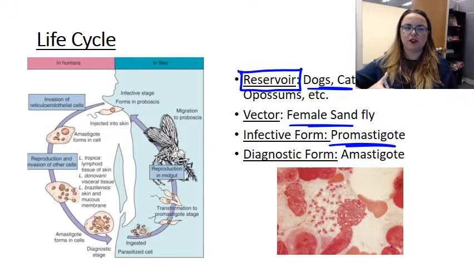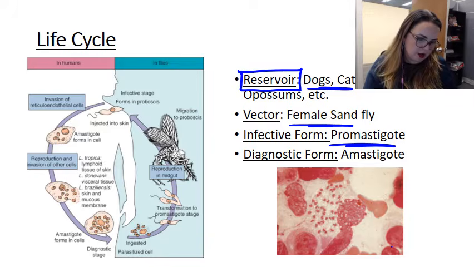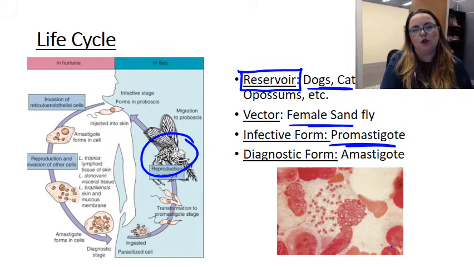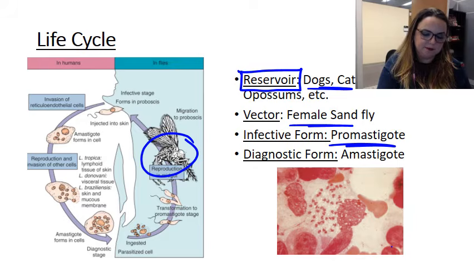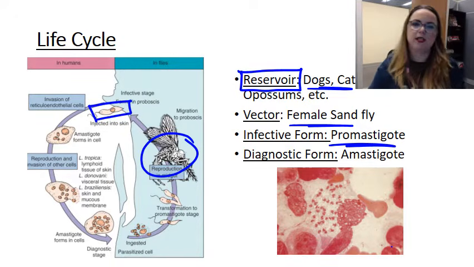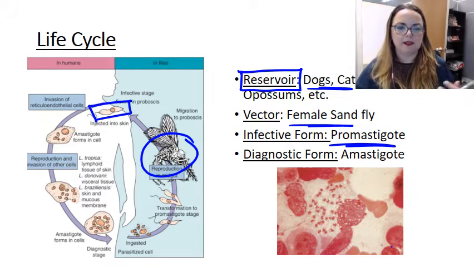Basically the fly ingests the tissue or blood of the human or the animals. So this could be a cat or a dog. So the sandfly takes a blood meal and then becomes infected. And then they deposit these back into our blood when they take a blood meal later.